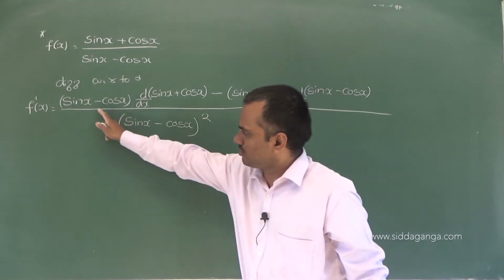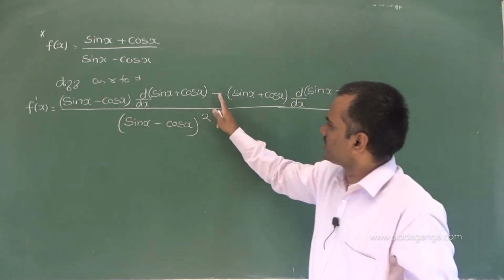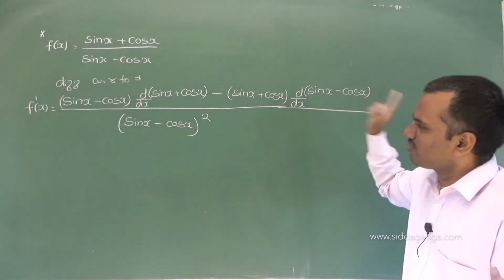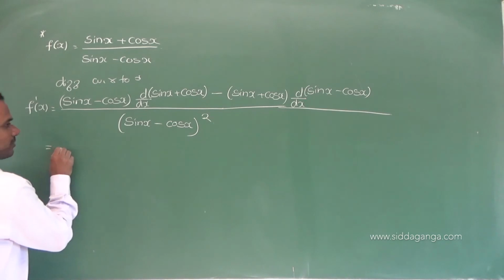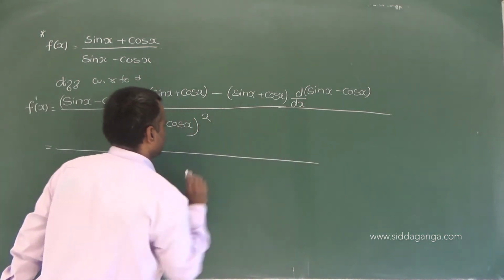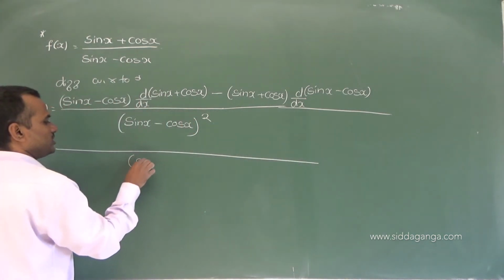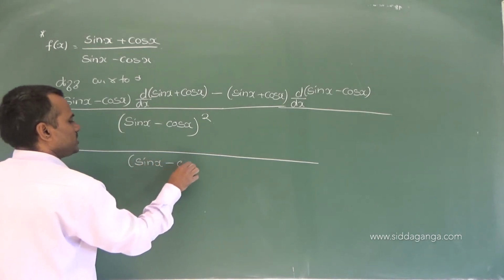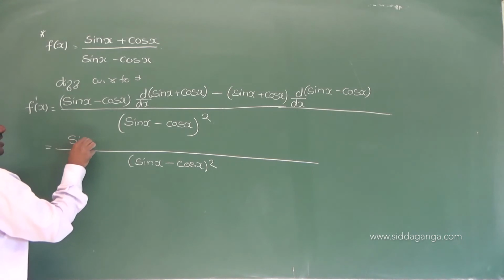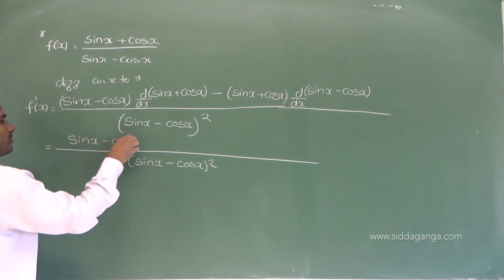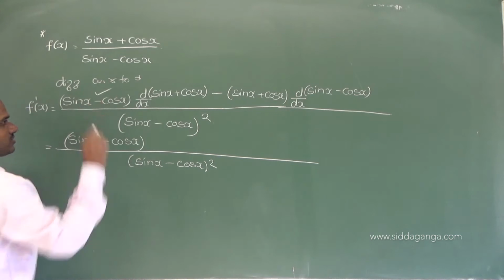Observe: denominator into derivative of numerator minus numerator into derivative of denominator, whole divided by sin x minus cos x whole square, right, as it is. Sin x minus cos x, this term as it is.